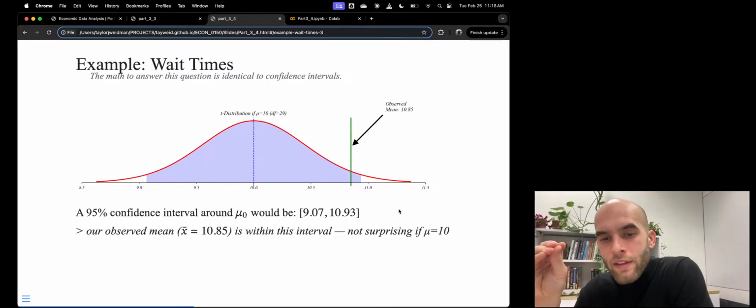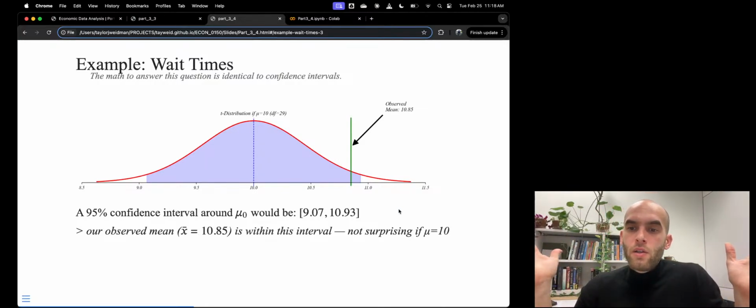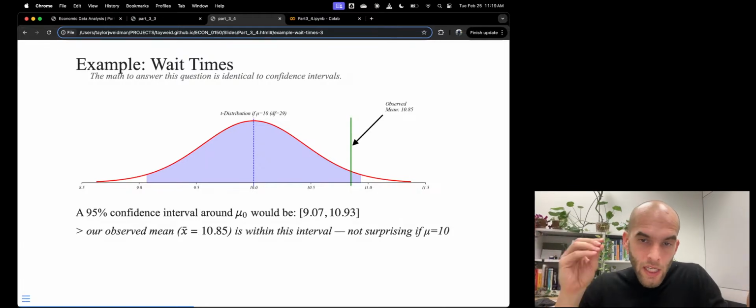Another way of saying this is that it's not surprising, given our data, that the truth would be 10.